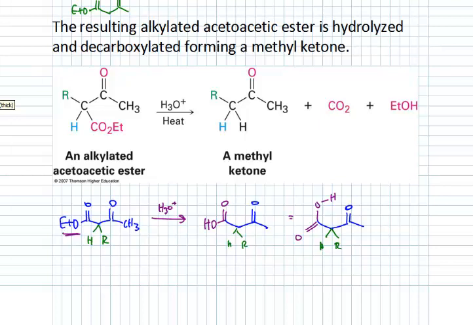So I like to start in the carbonyl and have that attack the H. That makes a CO double bond. We break a CC double bond. Our product is an enol. CH3, R and H. The enol tautomerizes to the methyl ketone.